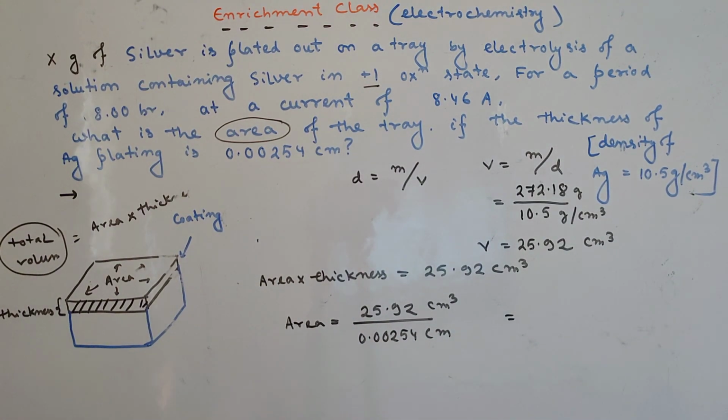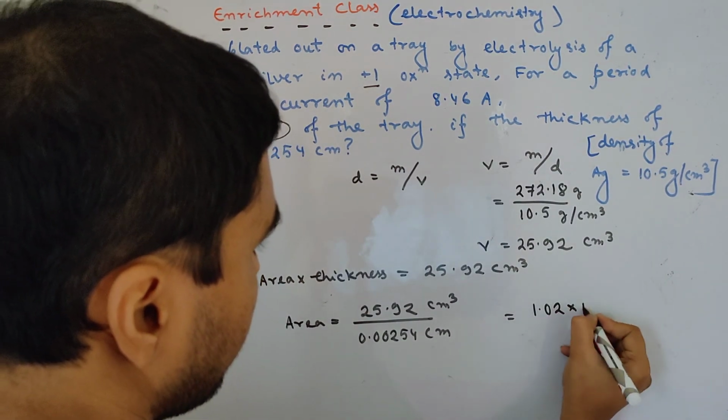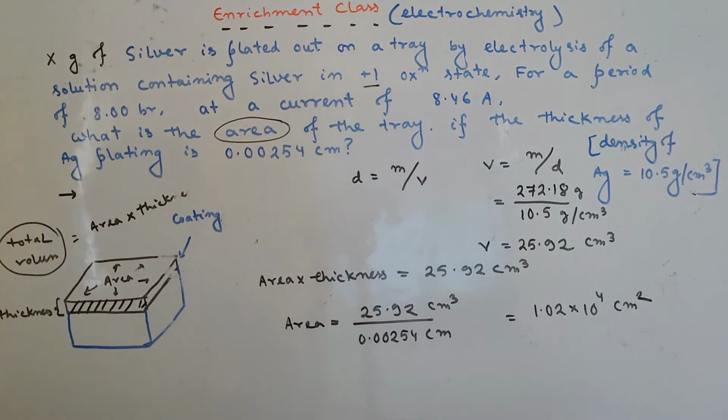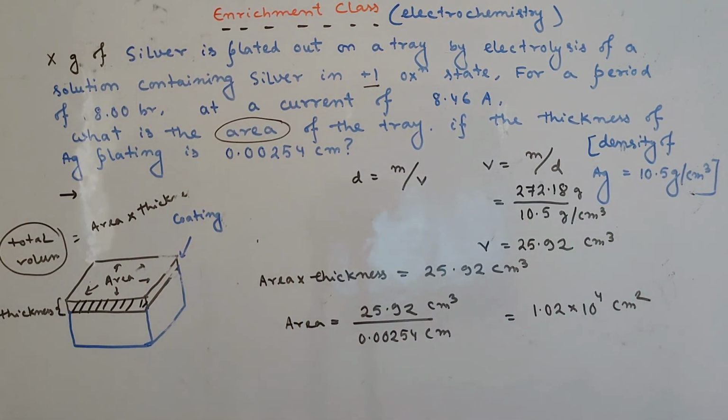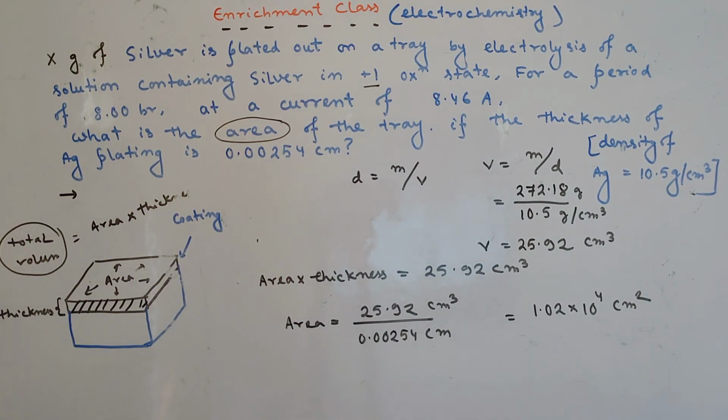So the answer that we should get is 1.02 into 10 to the power 4. The unit, obviously, since it is area, is centimeter square. So that is how this type of problem related to thickness should be treated.